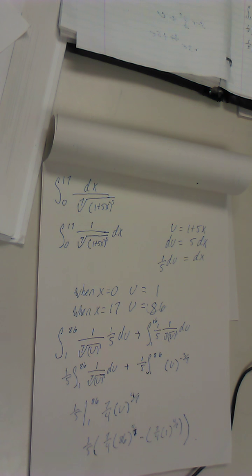So 7/4 times 86 to the 4/7 minus 7/4 times 1 to the 4/7 is equal to approximately 20.5.